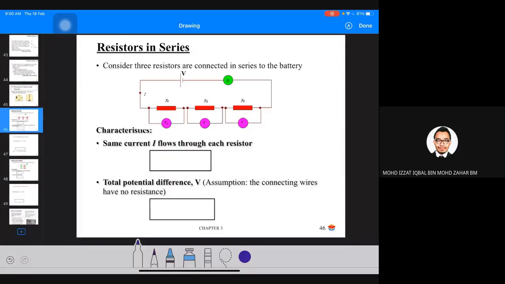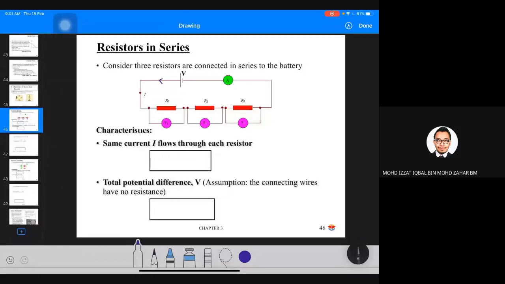So I can write here I equals to I across the first resistor equals to I across the second resistor, and then equals to I across the third resistor. And then if you have potential in series, so if you guys still remember, kalau the whole part here is 10 volt, this one could be 5, 2, 3.